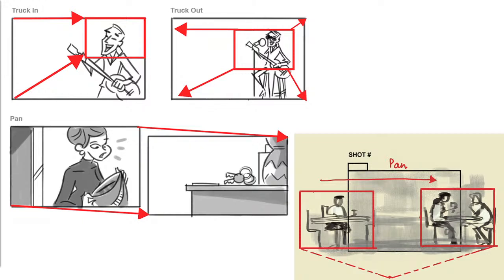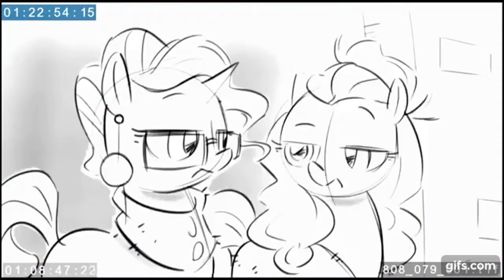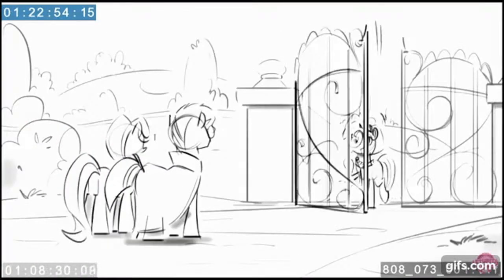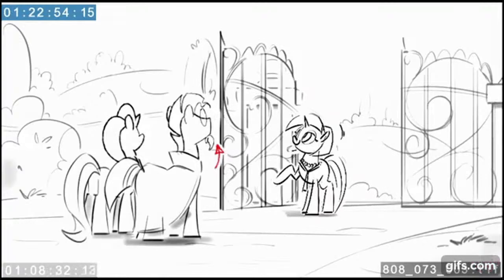And of course, doing an animatic is actually creating this. So this is a lot of cuts. There's not a lot of panning in this animatic, but these are a lot of cuts.